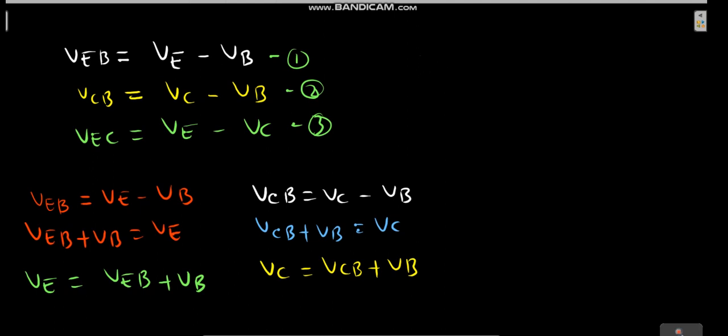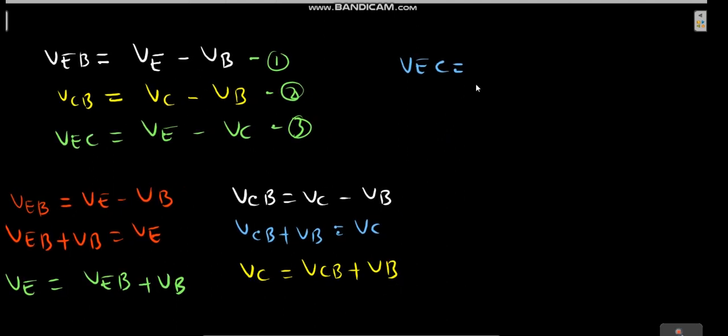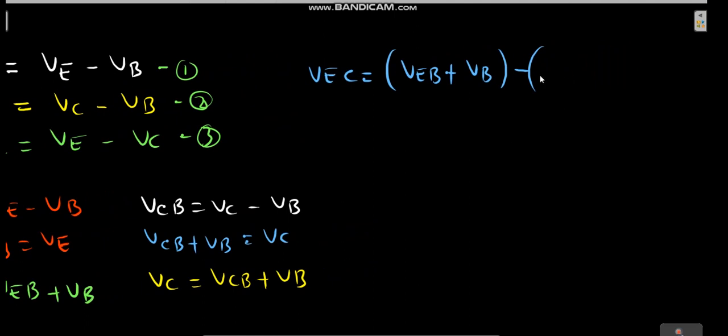Then I have VEC to be equal to VE, but I know VE is now VEB plus VB. Minus VC, which is now VCB plus VB.